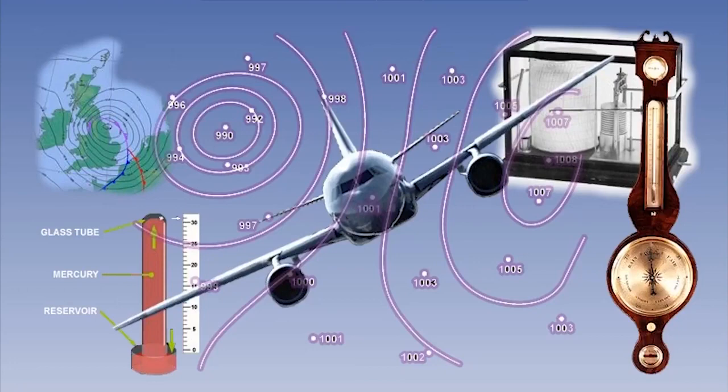It is important to understand what it is and what affects it. In the lesson on pressure systems, you will see how important horizontal pressure variation is in understanding weather and wind. In the lesson on altimetry, you will see what significance the vertical pressure variation has on aircraft operations and procedures.